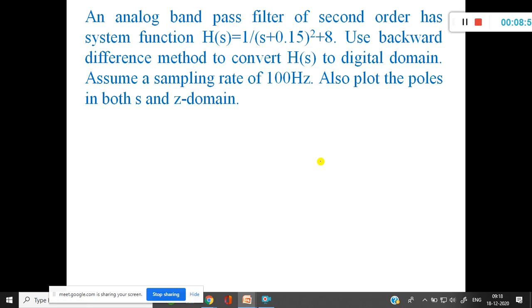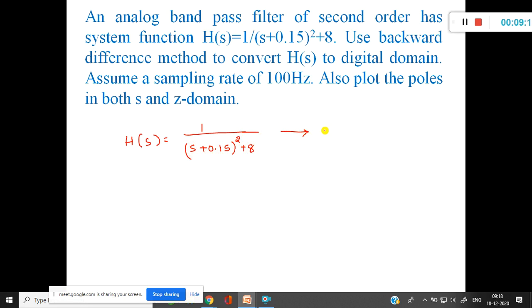The problem statement goes like this: an analog band pass filter, a second order system with system transfer function H of s equal to 1 divided by (s plus 0.15) the whole square plus 8.